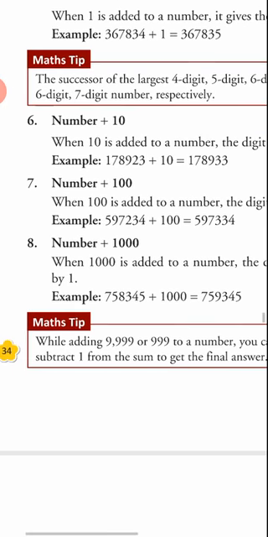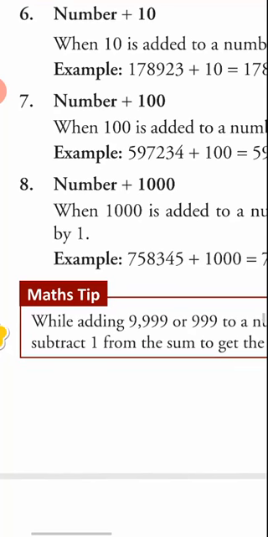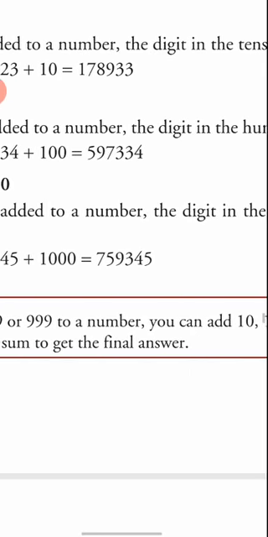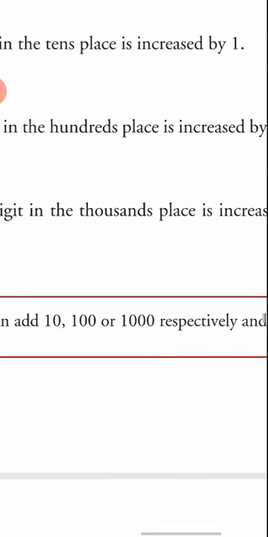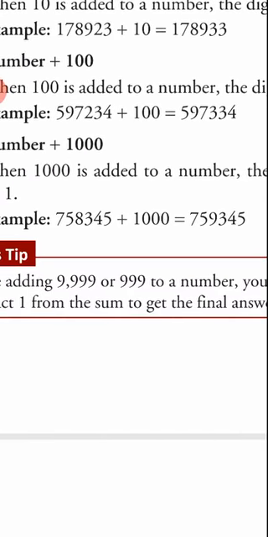Okay. So let us come to the third property, and that is number plus 10. Means if we are adding 10 to a number, then what will happen? When 10 is added to a number, the digit in the tens place is increased by 1. Only the digit which is at the tens place will be increased by 1.